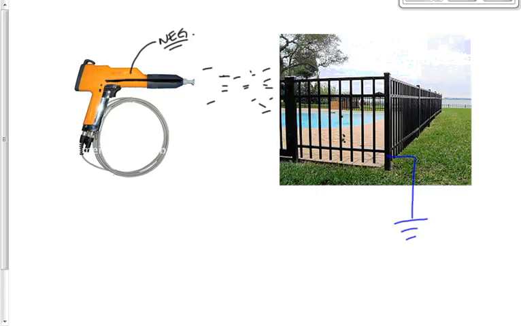It's neutral and it's attached to the ground. This neutral metal fence will attract these negatively charged paint droplets. And then what happens to the negative charge? Paint droplets stick to the fence. What happens to the charge? It goes down into the ground. Right? What's the benefit of that?